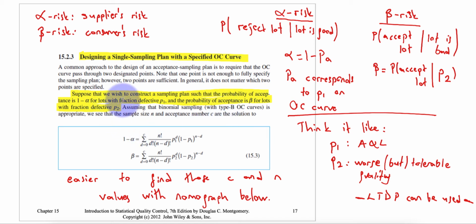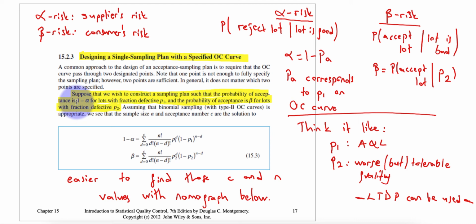Here, suppose that we wish to construct a sampling plan such that the probability of acceptance is 1 minus alpha for lots with fraction defective P1. Here we say 1 minus alpha because alpha is the type 1 error.